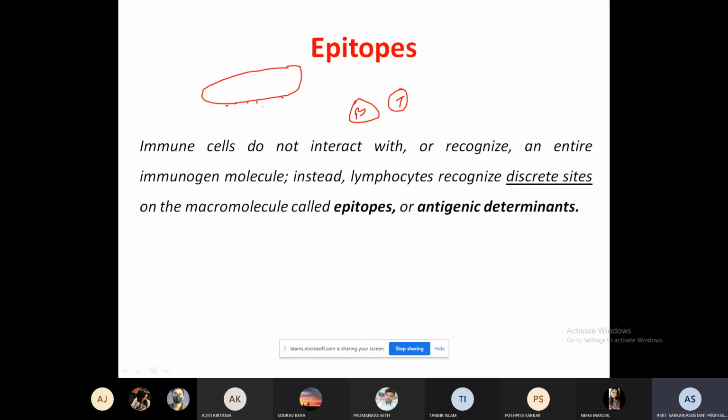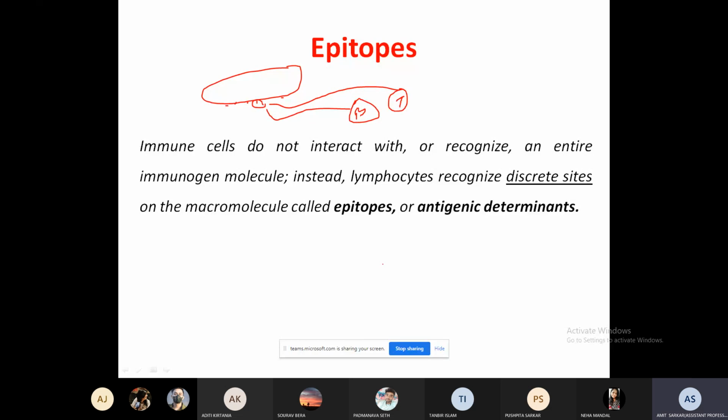So only those sites on the immunogen surface which are recognized by our B cell or T cell are known as epitope.